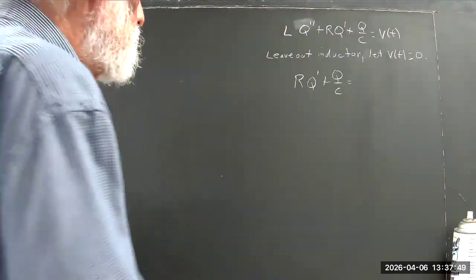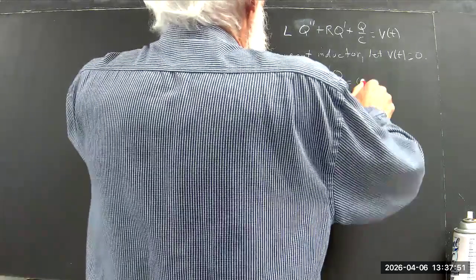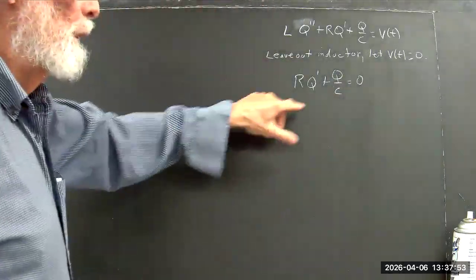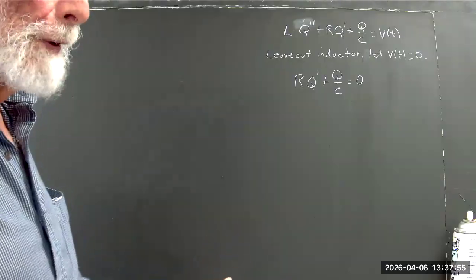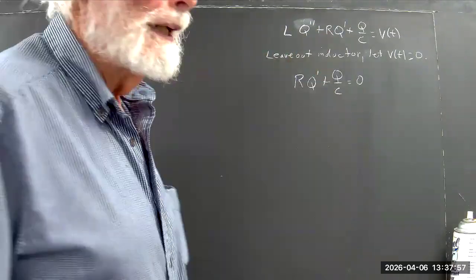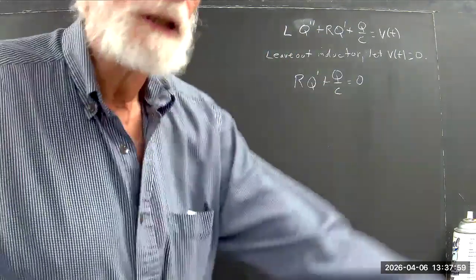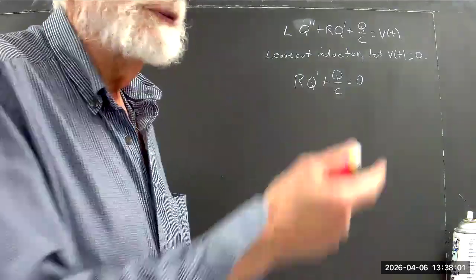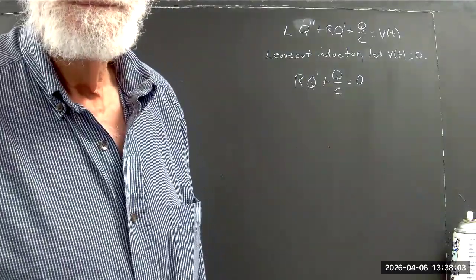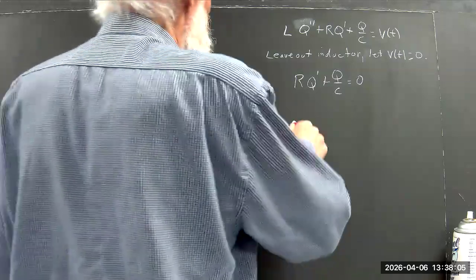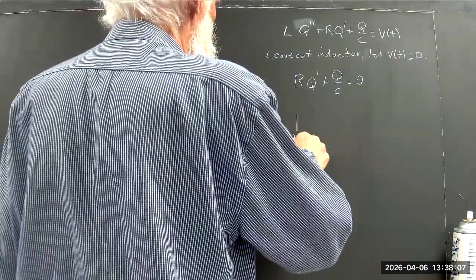Okay, what does this correspond to? This corresponds to, we charge up the capacitor, put it in series with a resistor, and close the switch. So our circuit looks like this.